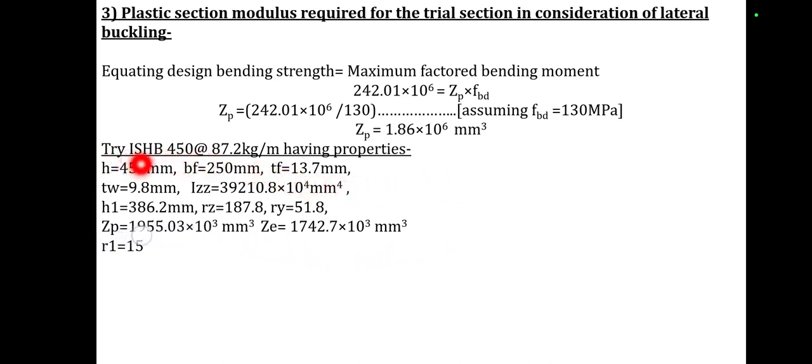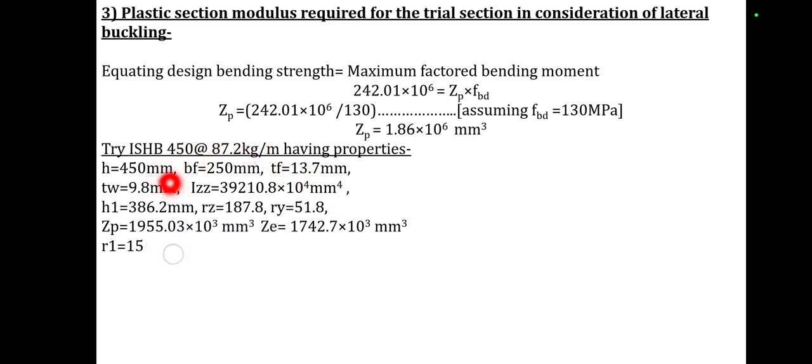Then from the value of ZP, we have to select the section, and that too from Annexure H of IS 800 2007. Let us try ISHB 450 at 87.2 kg per meter, and from the steel table we have to write down the properties of the section.